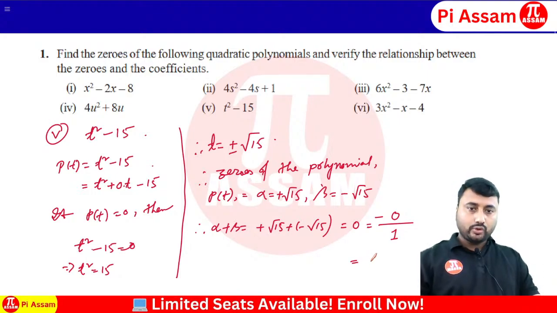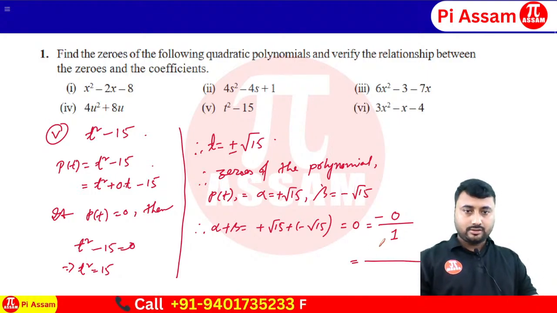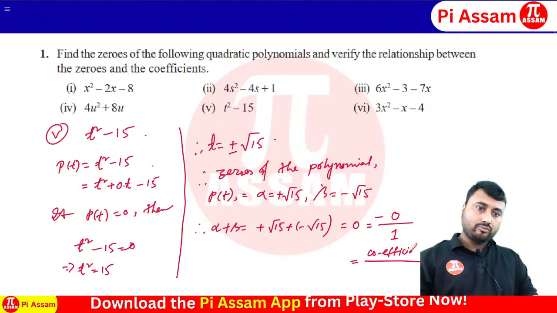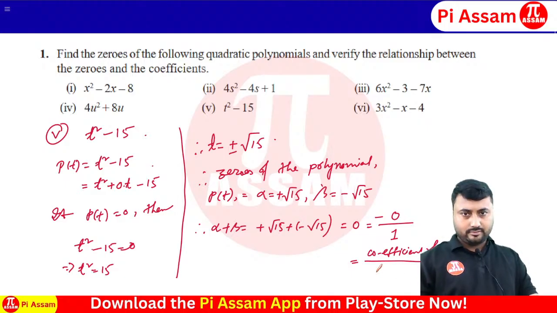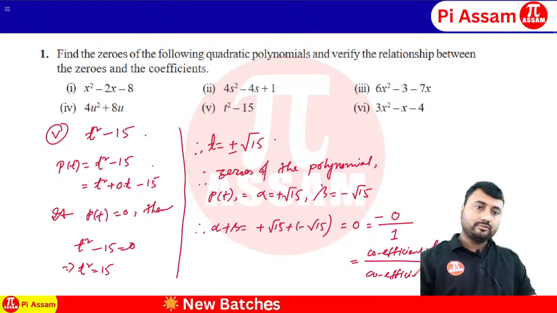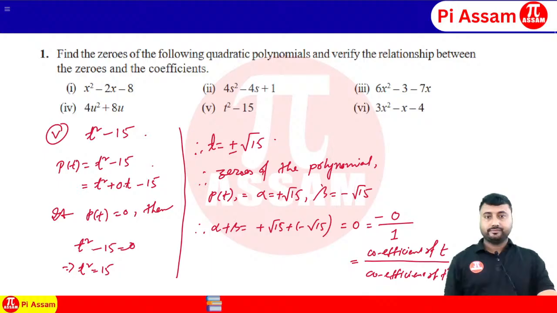So it will be 0. So 0 is minus the coefficient of t divided by the coefficient of t square. This one is verified.